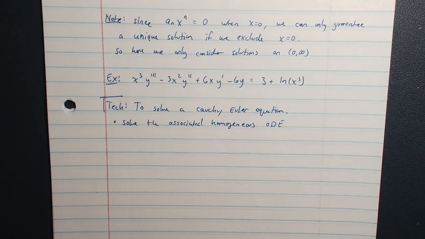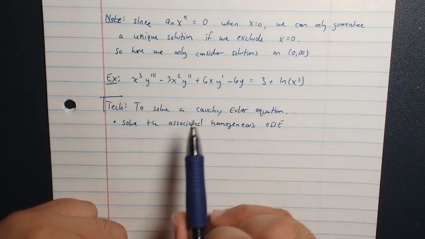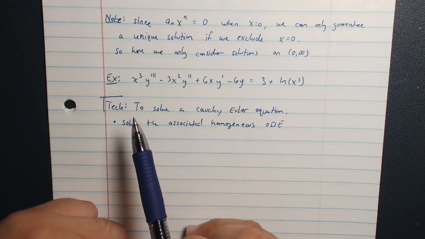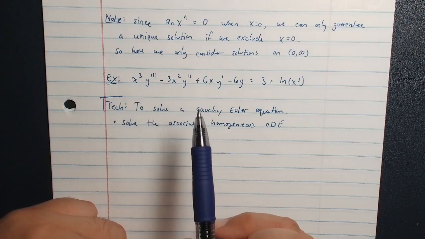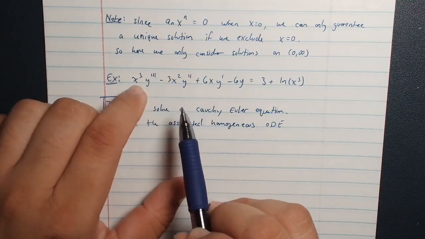However, those are going to depend on the degree of your ODE. So unlike when we had constant coefficients where we said, oh, well, we're just going to write it like if it were a polynomial and factor, here, exactly what your characteristic equation looks like doesn't just depend on how many terms you have, it depends on the power.